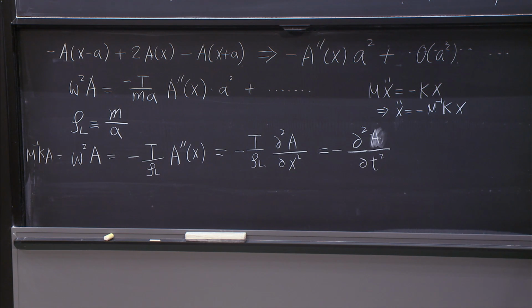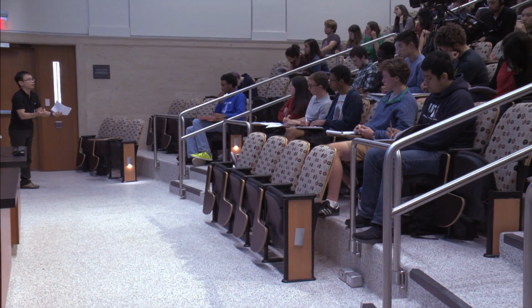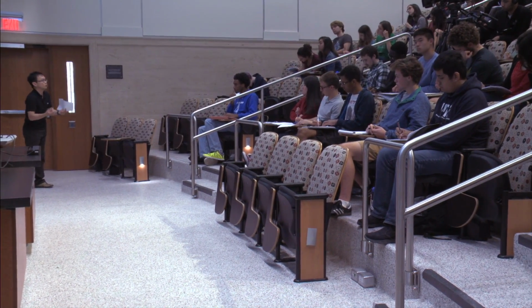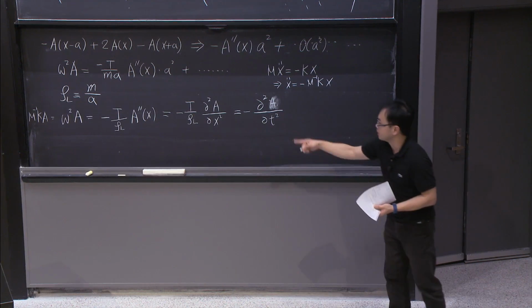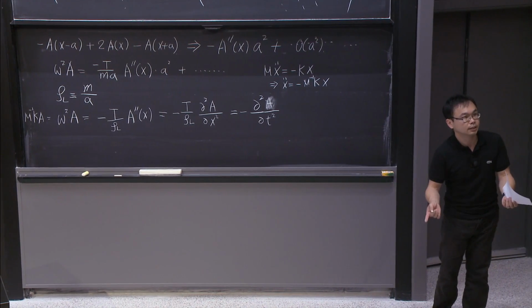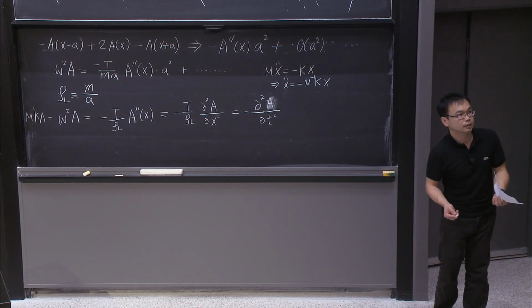So now we have successfully gone from a discrete system, which has a length scale of a, to a continuous system because a goes to 0. But at the same time, I fix the ratio of m and a so that the system doesn't become infinitely massive.